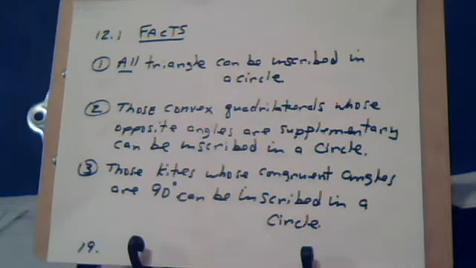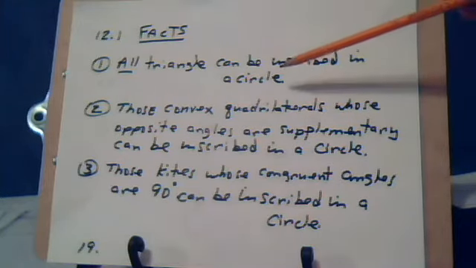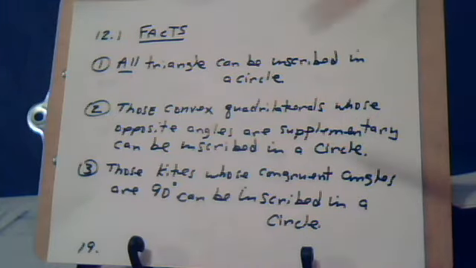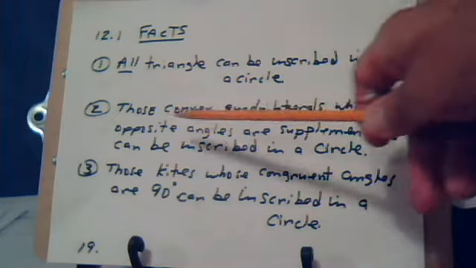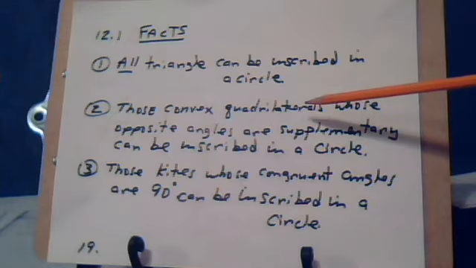So here we have some facts. All triangles can be inscribed in a circle. So what we did, finding a circle that goes around the triangle and touches the vertices, all triangles can have one of those circles. Now, if you go to a convex quadrilateral, you could do the same thing. A quadrilateral is a polygon with 4 sides.